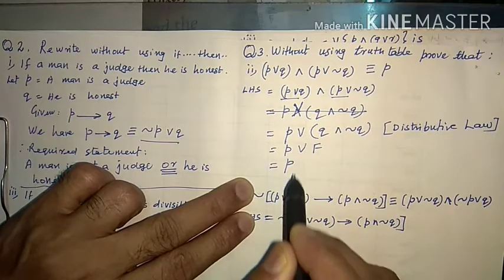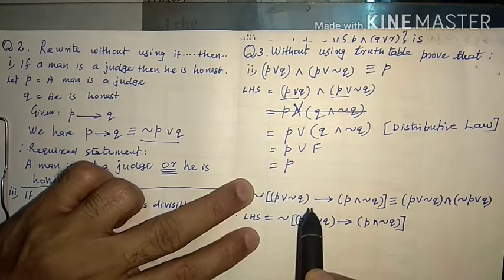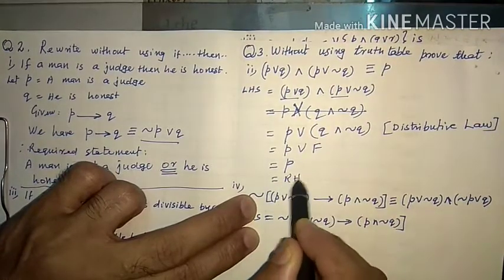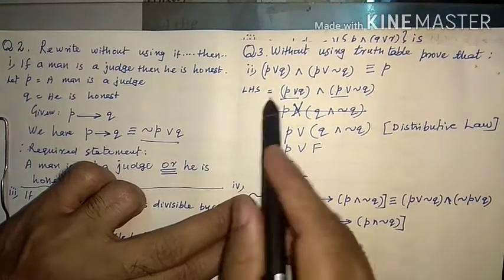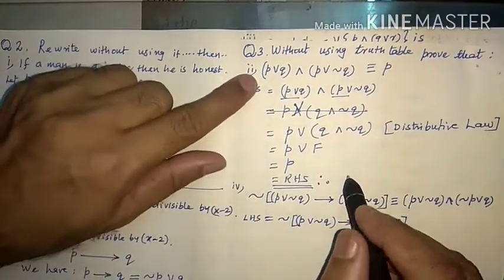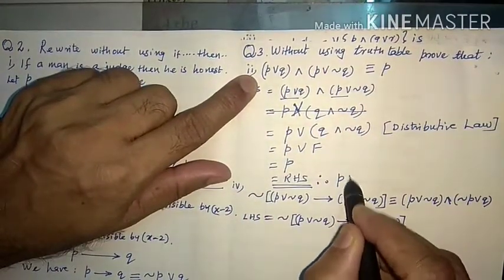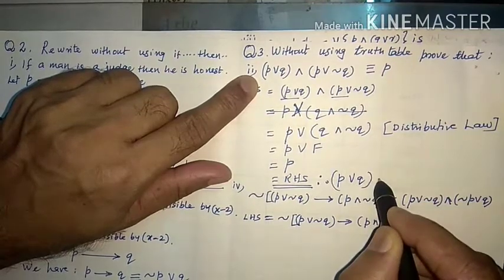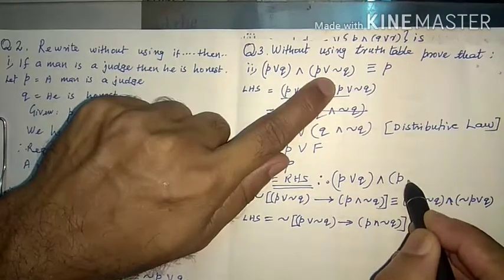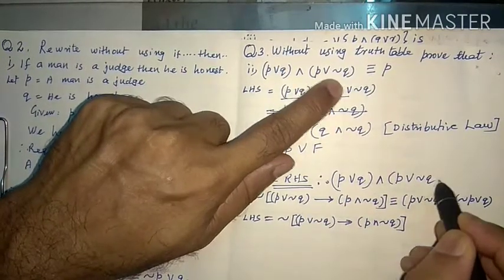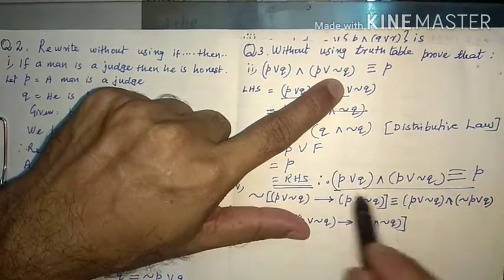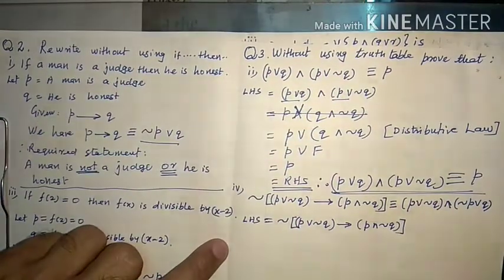This is the right hand side. Started from left hand side, reached the right hand side. Therefore, the statement we write here, P disjunction Q conjunction P disjunction negation Q is equivalent to P. That is what you have to prove.